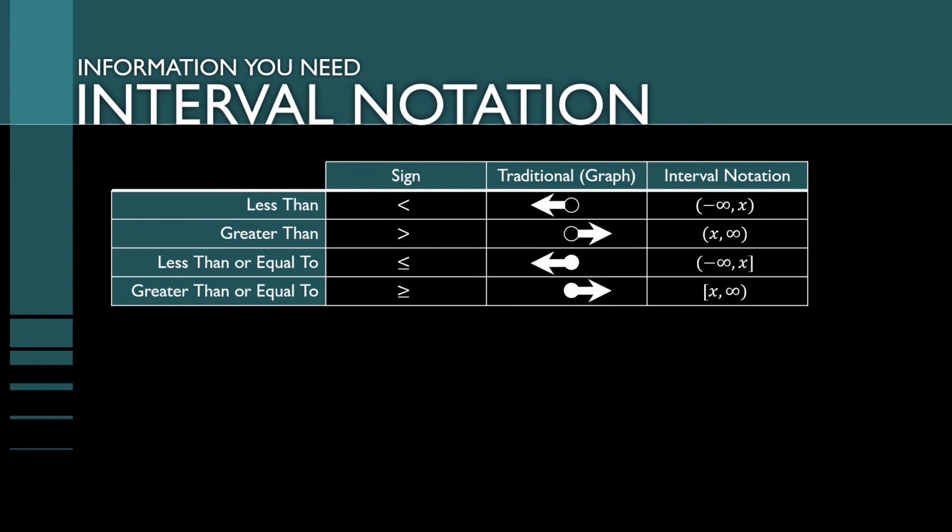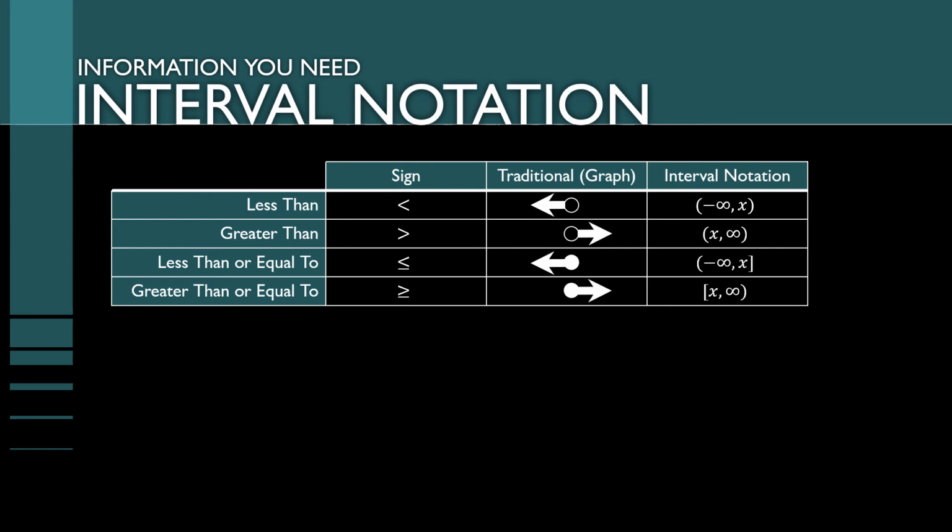So we would have open parenthesis 3, comma, and then where is that arrow pointing to? It's pointing to infinity. So infinity, close parenthesis, and that would be our interval notation for that.